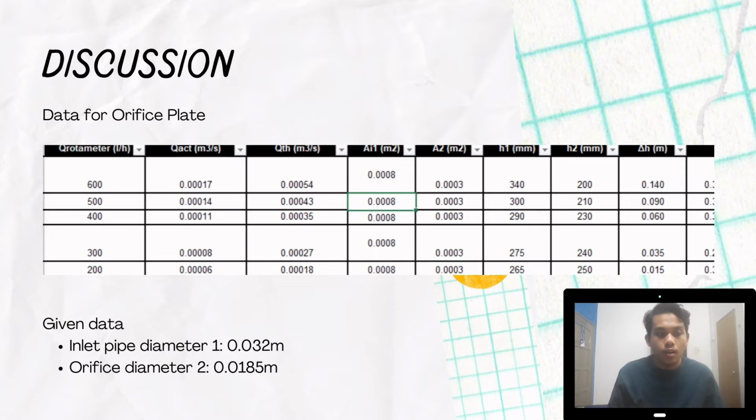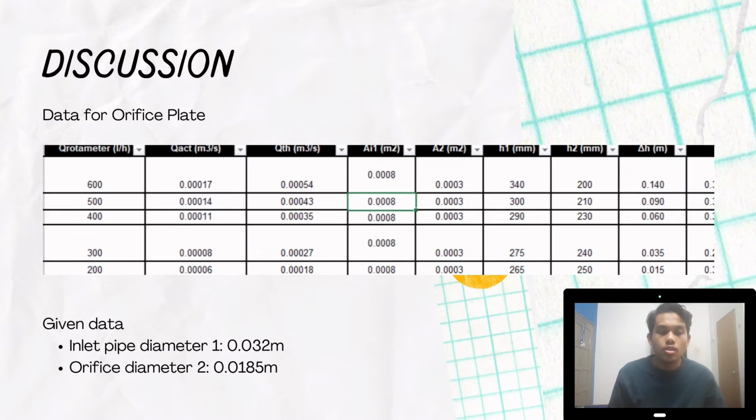For A1, the inlet pipe diameter is given, which is 0.032. From there we can find the area by using the formula pi r squared. Same as A2, the orifice diameter is given, which is 0.0185, and to find the area we use the formula pi r squared.